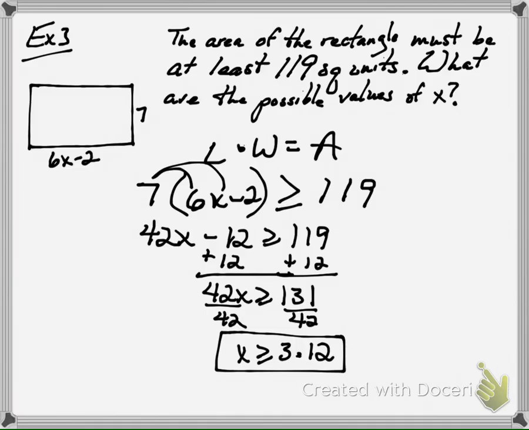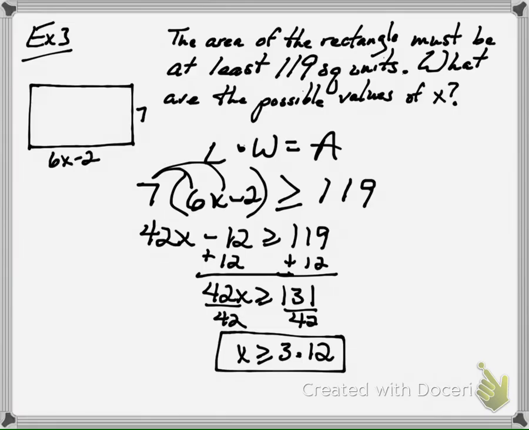Now you might want to plug this back in and think, is that going to give me something good? Let's see, 3 and a little bit, so 6 times 3, 18 minus 2, 16, might be 17 or so by the time we put that decimal in there. 17 times 7 is 119.